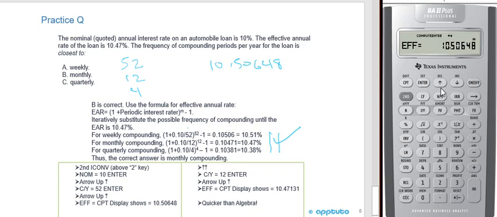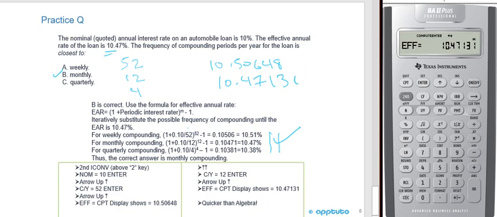So now, as I said, it's really easy if you use the calculator because you can just arrow back down and your compounding periods per year, just change that to 12, hit enter, arrow back up, hit compute again. Oh, 10.47131. Yeah, that looks like I'm right, so it's B.